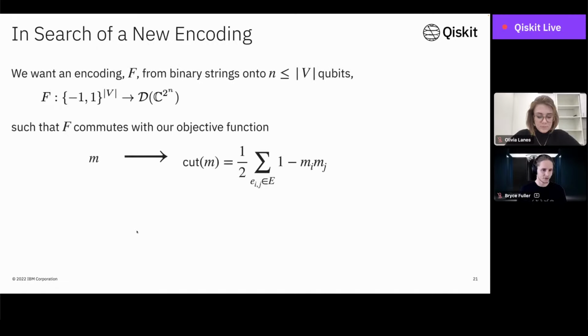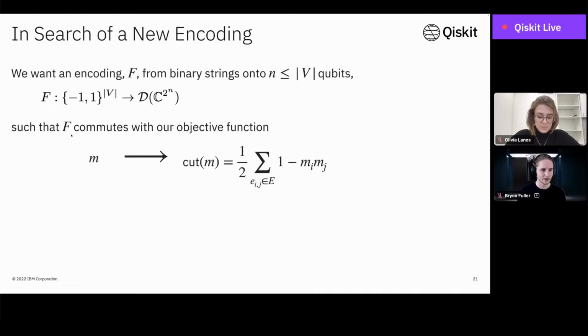So we're in search of a better encoding, right? On the previous slide, we showed that we're taking a bit string m, which has v variables, and we're using v qubits to prepare the representative quantum state for that. What we would like to do is come up with a better encoding f, which is going to go again from a bit string of plus and minus 1s that is v long, and encode this onto a smaller Hilbert space with less than v qubits ideally.